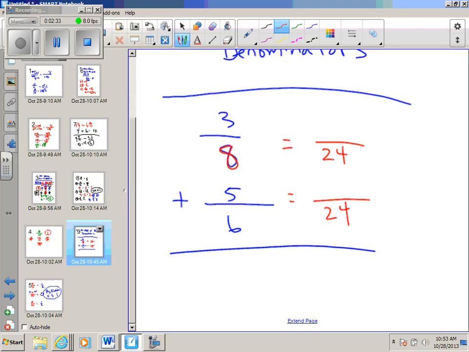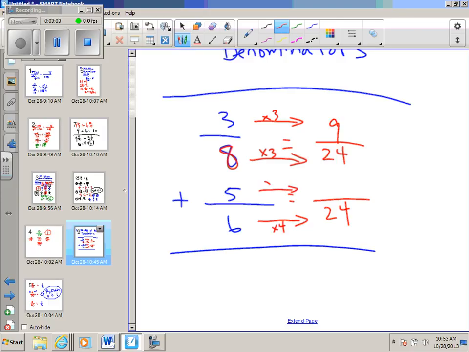It's just easier that way to say, if we start with the larger one, it's much easier to find the common denominator first. So here we go. 8 to 24, we had to multiply by 3. 8 times 3 is 24. So up top, 3 times 3 would be 9. So on the bottom, 6 times what is 24?